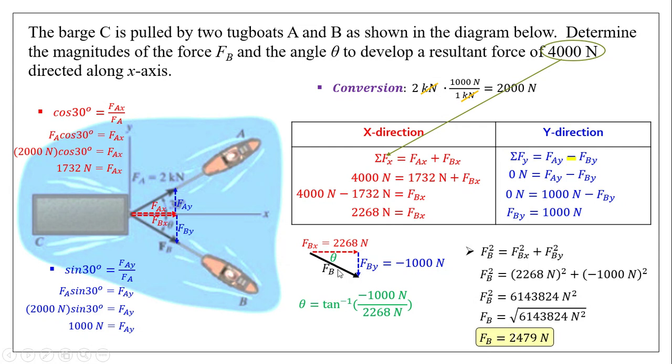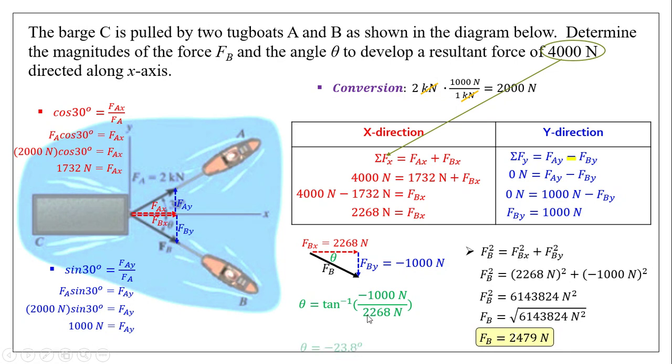You can use cosine, sine, or tangent. I'm just going to use tangent because on my screen I already have FBY, which is my opposite, and FBX, which is my adjacent. So to find this green angle, I can do tangent. Tangent by definition is opposite, which is FBY, negative 1,000, on the top, over adjacent, which in this case is 2,268, on the bottom.